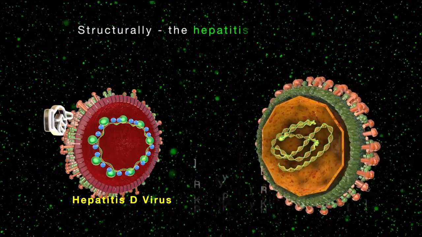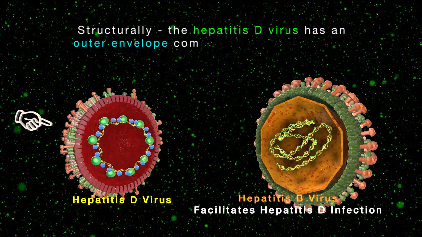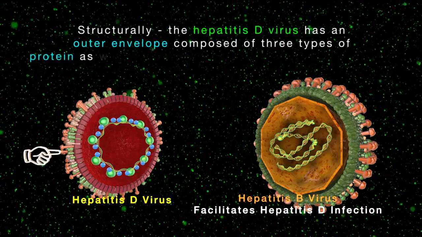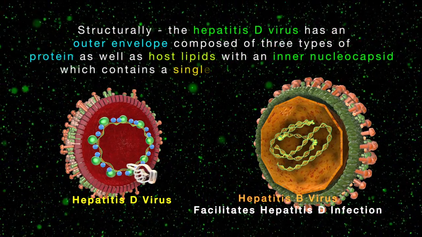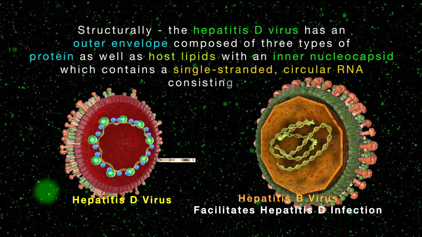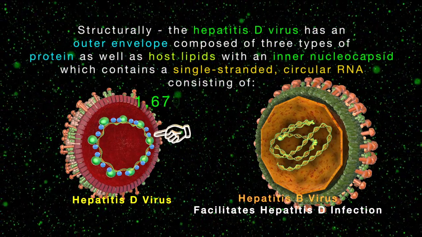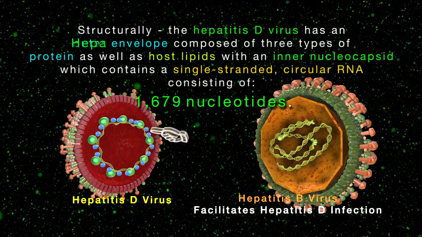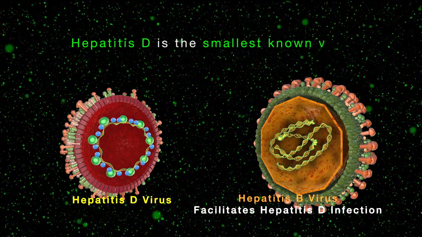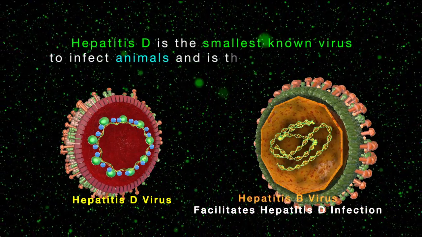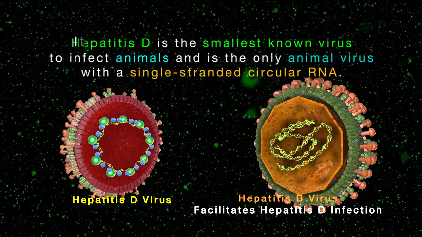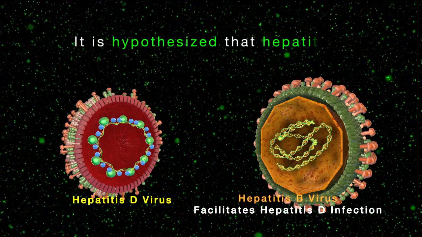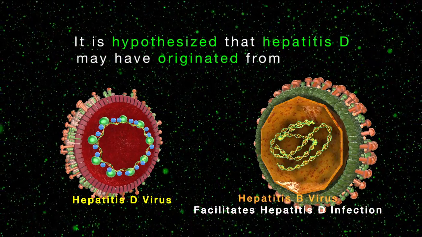Structurally, the hepatitis D virus has an outer envelope composed of 3 types of protein as well as host lipids, with an inner nucleocapsid which contains a single-stranded circular RNA consisting of 1,679 nucleotides. Hepatitis D is the smallest known virus to infect animals and is the only animal virus with a single-stranded circular RNA. It is hypothesized that hepatitis D may have originated from viroids.